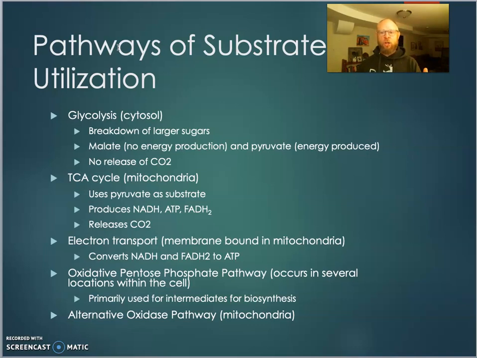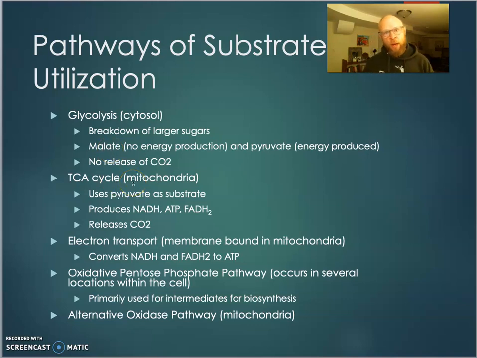I talked about starch being a really common storage compound, so glycolysis could be starting from starch and breaking it down into really small sugars, typically either malate or pyruvate, which both can be used for respiration. No CO2 is released during this process, and there can be some energy produced during glycolysis when it's making pyruvate, but not when it's making malate.